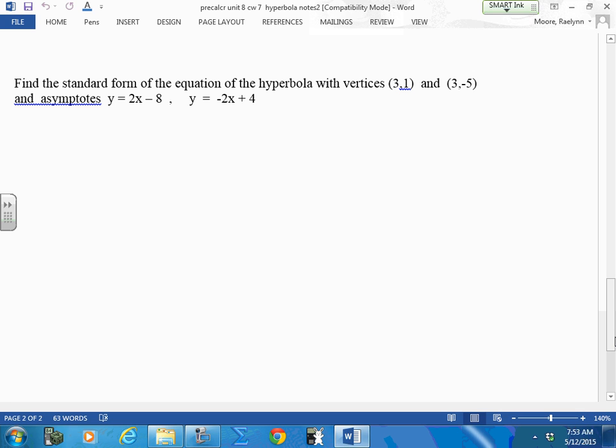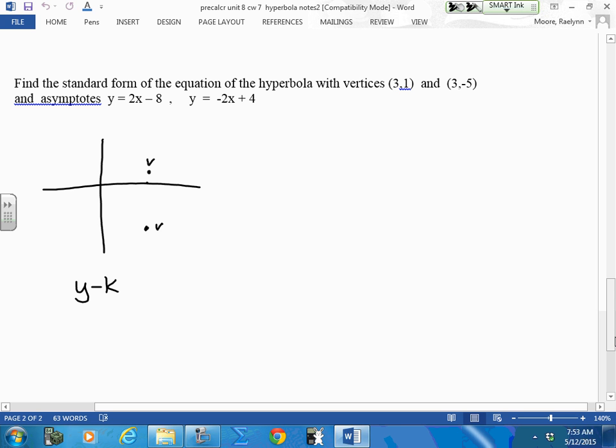We need to find the standard form of the equation of a hyperbola with vertices at 3, 1 and 3, negative 5. So 3, 1 and 3, negative 5. So what's the major axis for this guy? The y-axis. So I'm going to start like this.